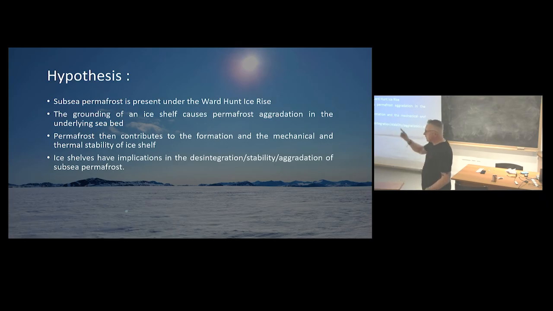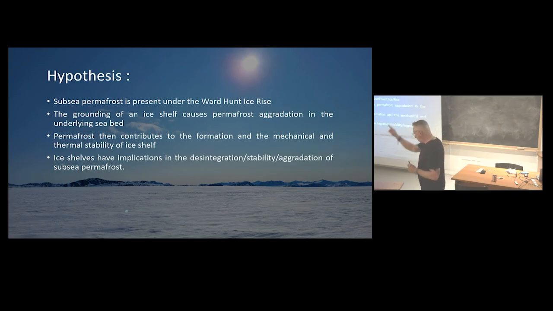That's one thing. Then if you ground your ice shelf, reach the sea bottom, then in my hypothesis, it creates a thermal bridge between the atmosphere and the seabed. And ice has a super thermal conductivity.